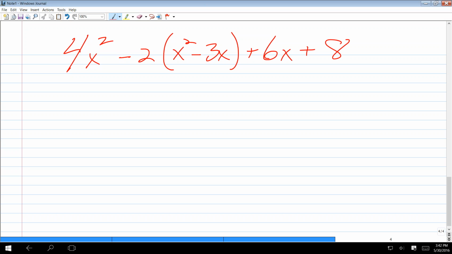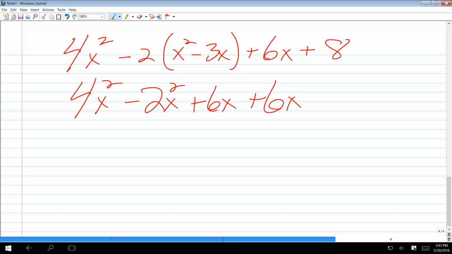They just need you to get rid of the parentheses and combine like terms. So first of all, let's get rid of the parentheses. x squared minus 2x squared plus 6x plus 6x. So plus 8. Now combine like terms. 2x squared plus 12x plus 8. Good.